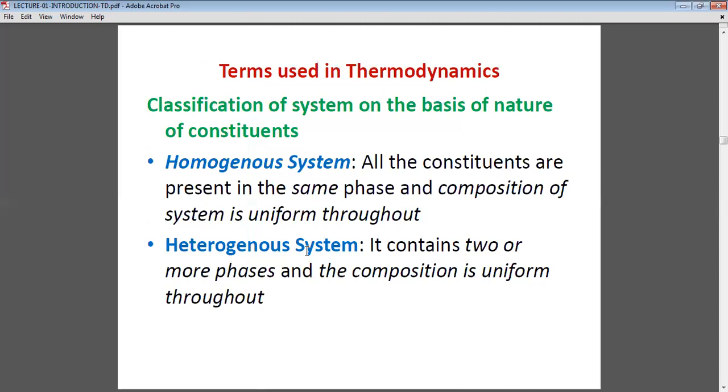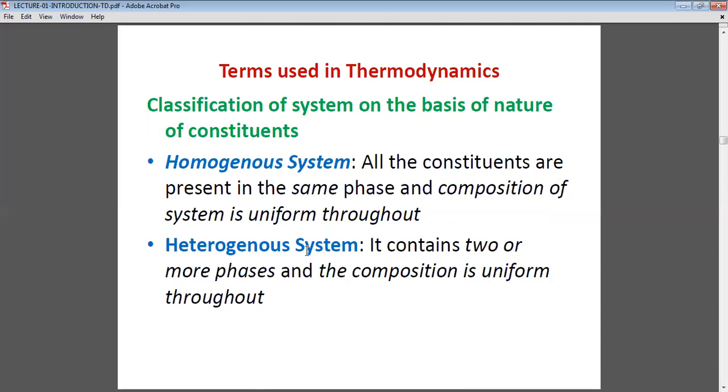Other terms used in thermodynamics: classification of the system can be done on the basis of whether it is a homogeneous or heterogeneous system. A quantity of matter homogeneous throughout in its chemical composition and physical structure is called a phase.